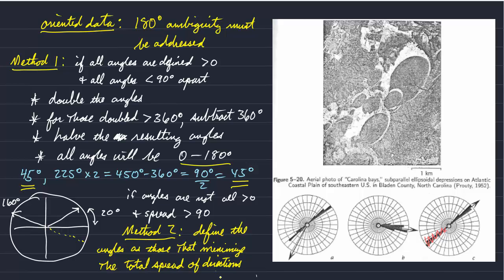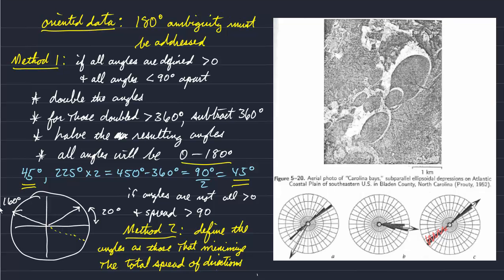And method 2 again is to define the angles as those that minimize the total spread of the directions. Right, so if one angle, such as this one at 160 degrees, does not minimize the spread between the two vectors, then we would subtract 180 degrees, and we would get, in this example, minus 20 degrees, and that minimizes the spread. And that method's a little more complicated because you have to consider every vector individually and flip it if needed, and that just takes a little bit of programming to arrive at the desired solution.